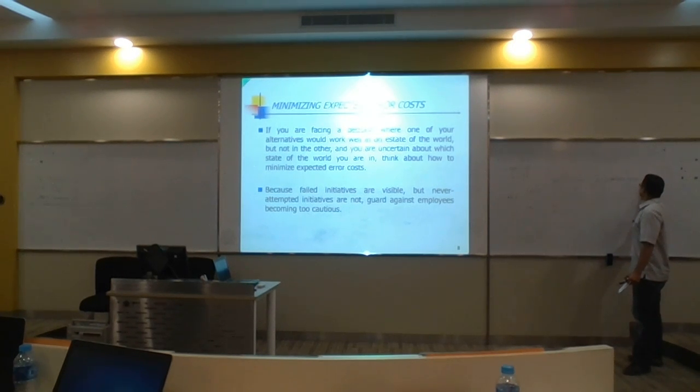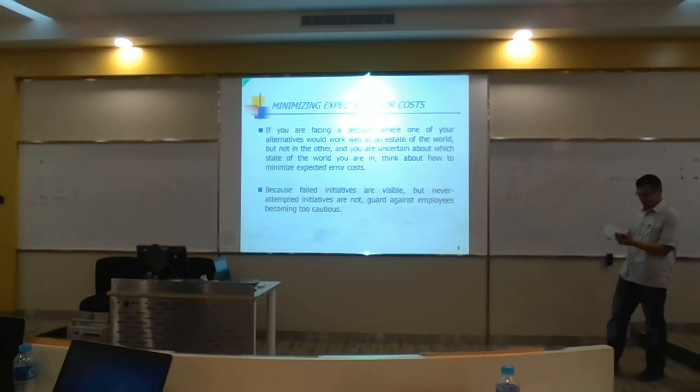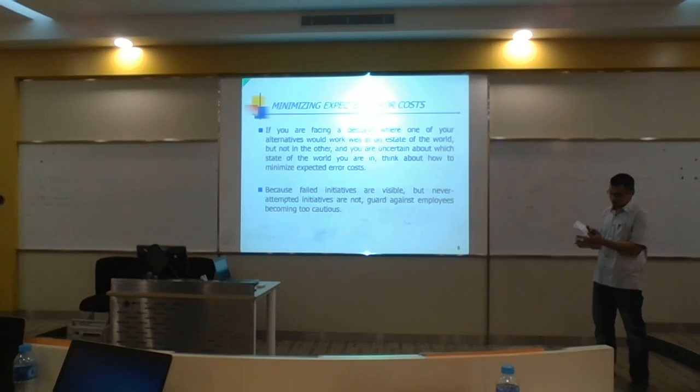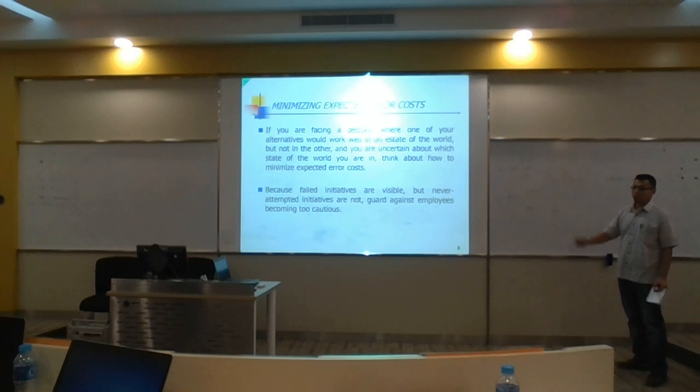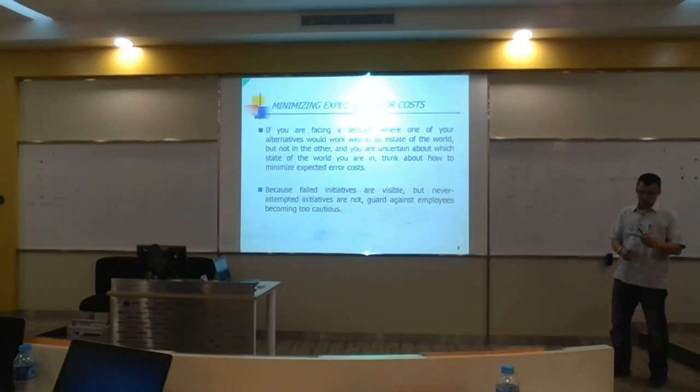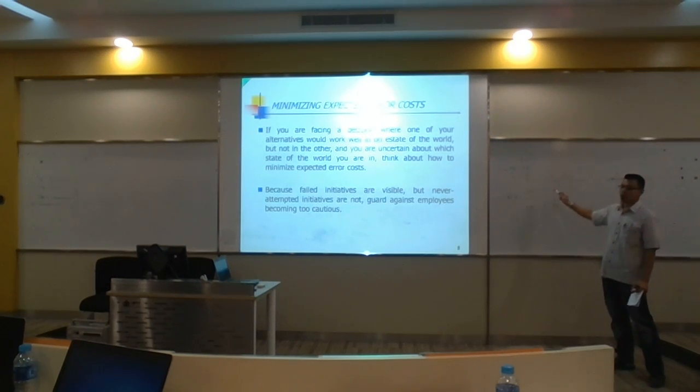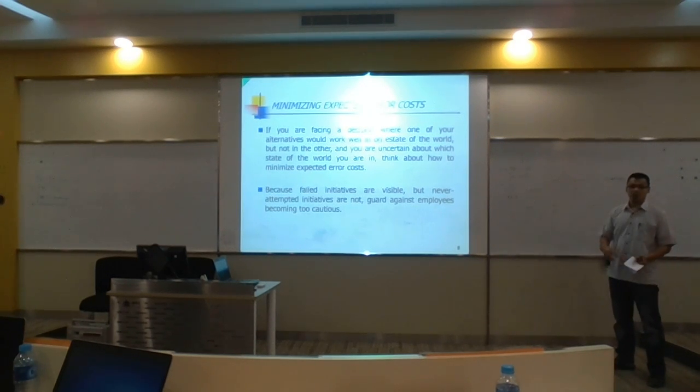Based on this diagram, there is usually an optimal decision: choose the alternative with the smaller value. Which one has the smaller expected error from these numbers?